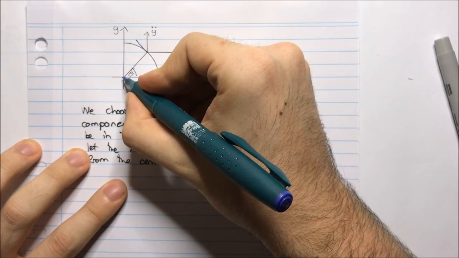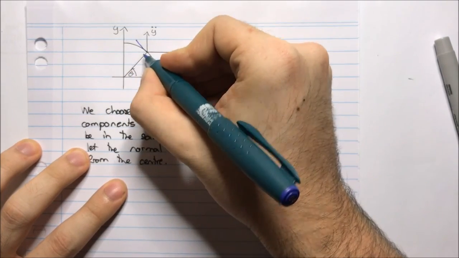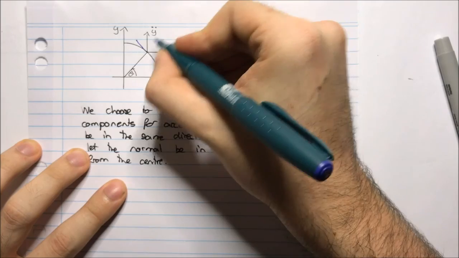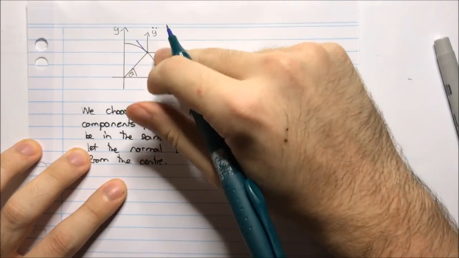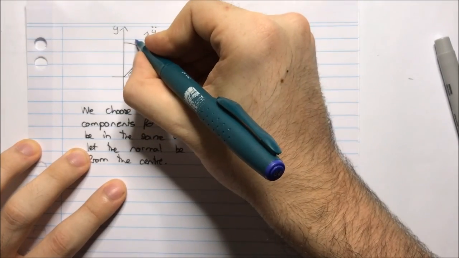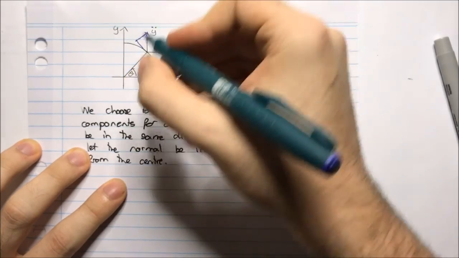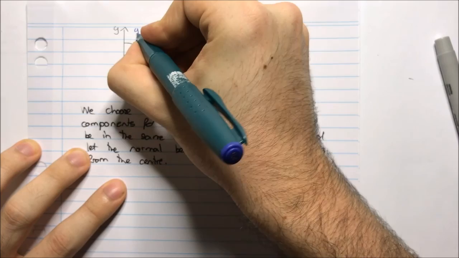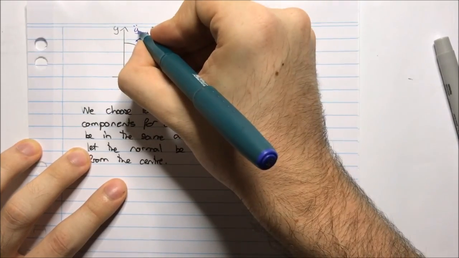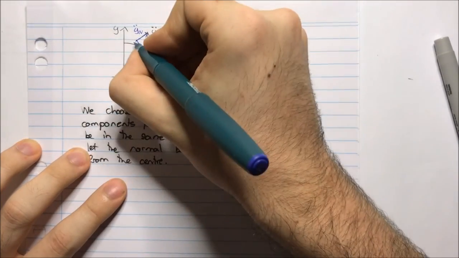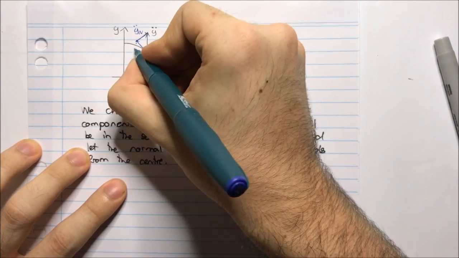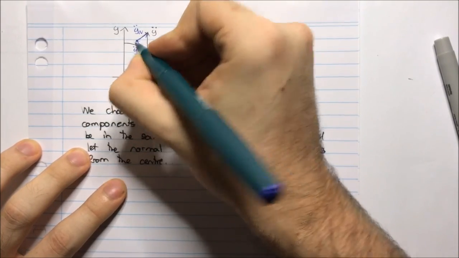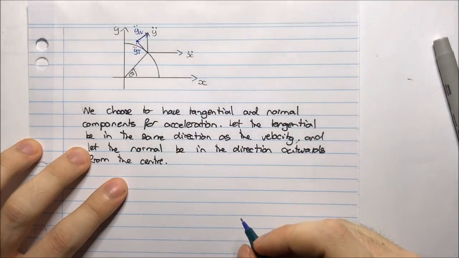Now the normal one should be parallel to the radius, because this is the direction of normal component. So if I just move that vector over, it'll be like this, and that is parallel to this line, the radius. So this here is y double dot in the normal direction, in the normal component, and this is y double dot in the tangential direction, or the tangential component.